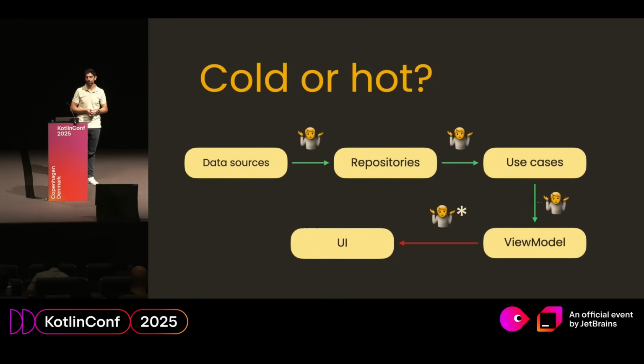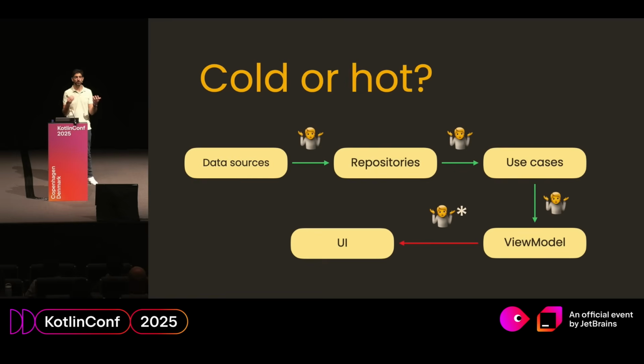Back to our application. Is it hot or cold, whatever we receive from the previous layer? Well, in reality, you don't really know, unless you go to the implementation details. But the thing is, you don't really need to care. Even in the view model, you could think, OK, I'm exposing a state flow, but you don't even know how that state flow is constructed.